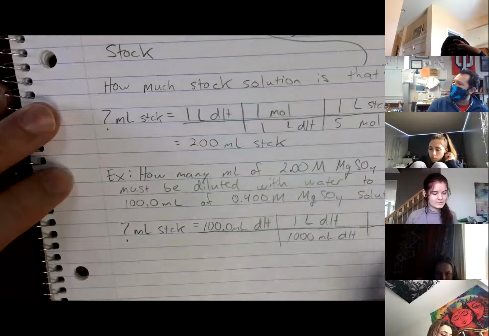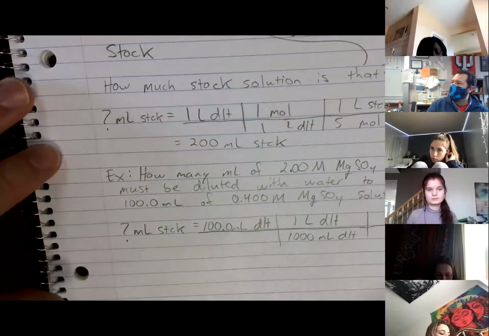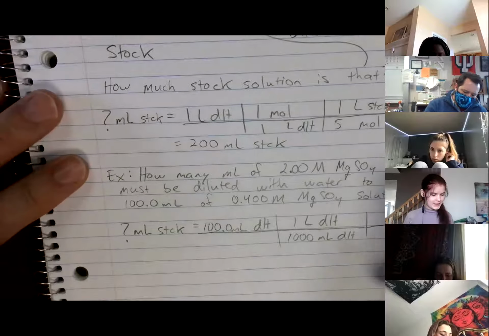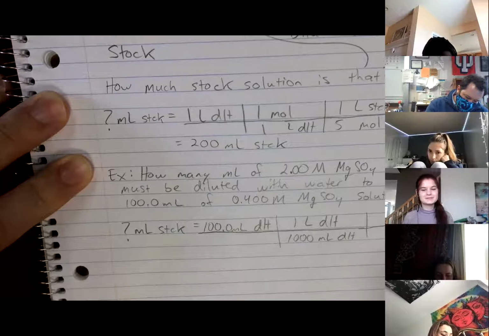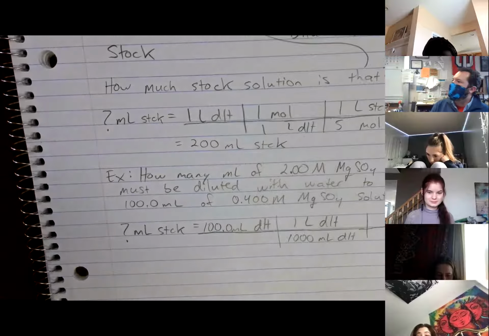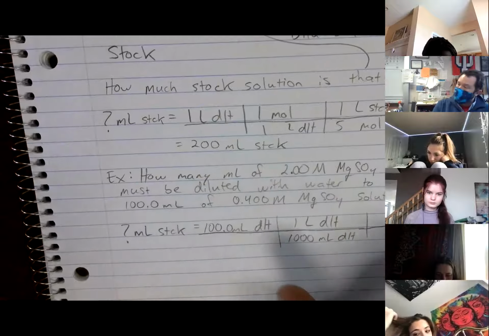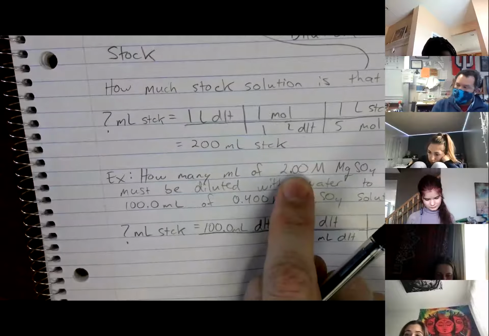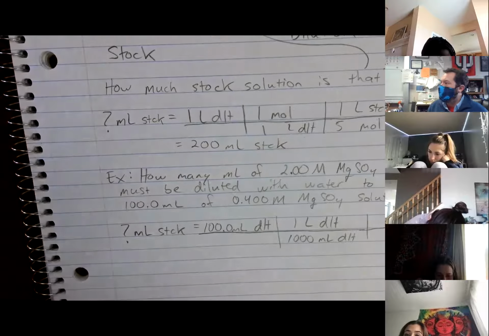What do I have? Where can I go with liters? Yeah, excellent. With liters, I can go to moles. Here's my question though. So that's molar right there. That's big M. Which one do I want to use though? The 2.00 or the 0.400?